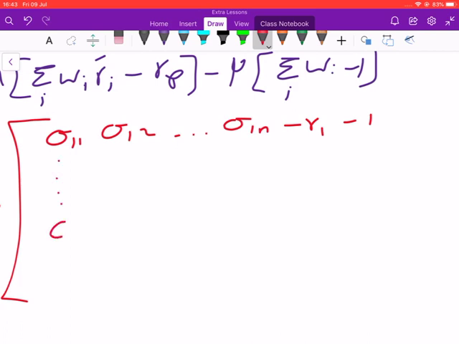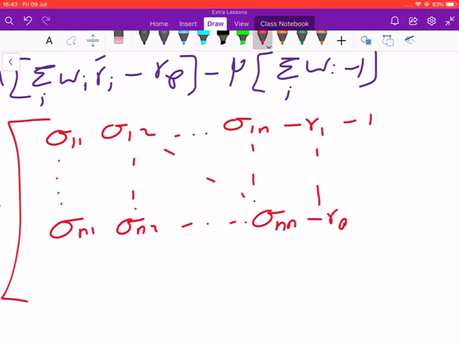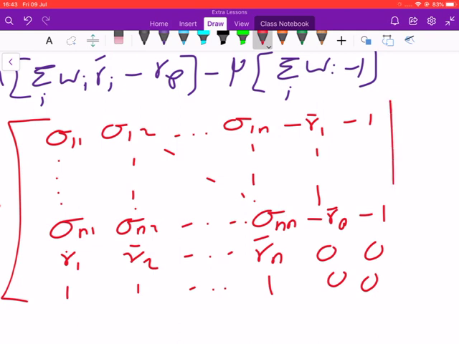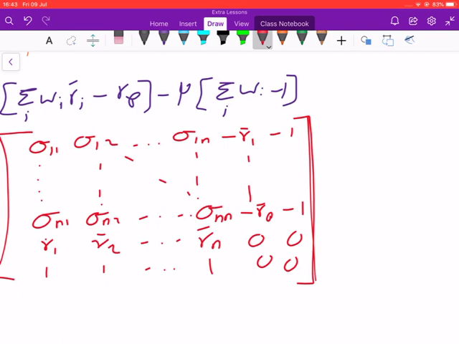This happens up until you have sigma n1, sigma n2, up to sigma nn, minus the return of asset n, minus 1. Then you have the returns of 1, returns of 2, up to the returns of n, 0, 0, and 1, 1, 1, 0, 0. All this is multiplied by their weights.